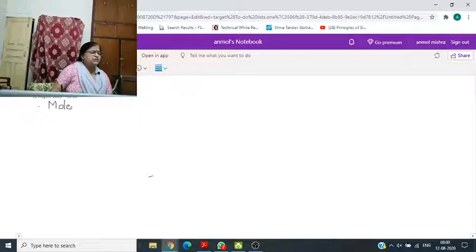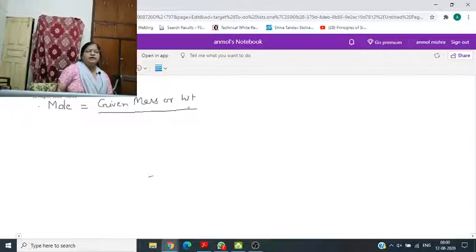Mole is given mass, or you can write weight, divided by molecular mass.